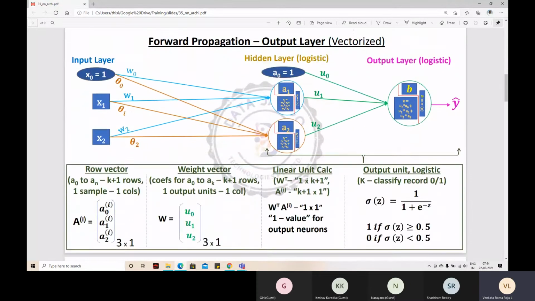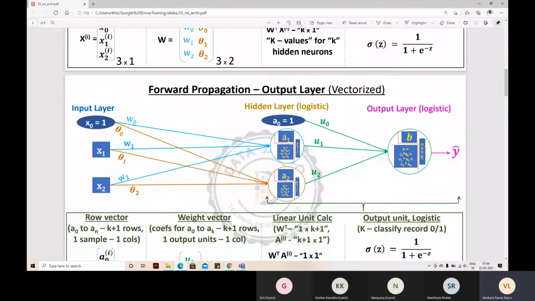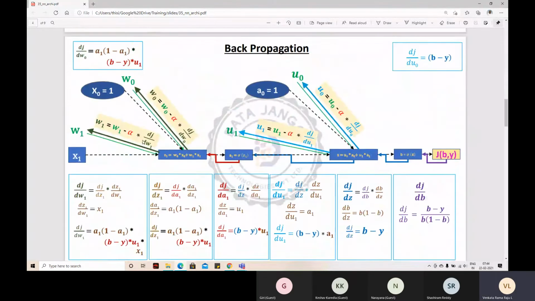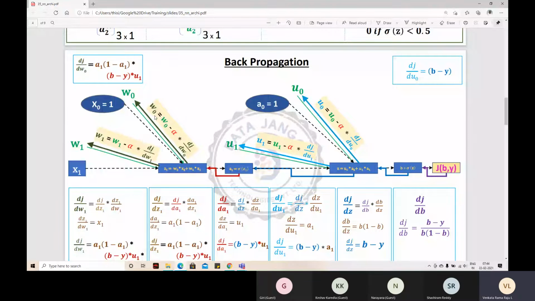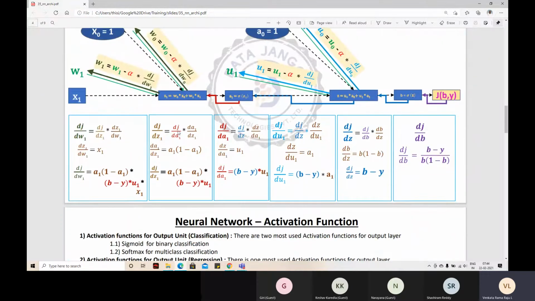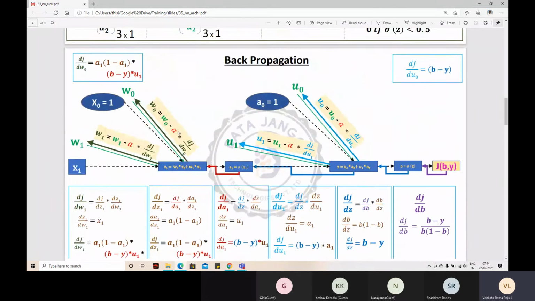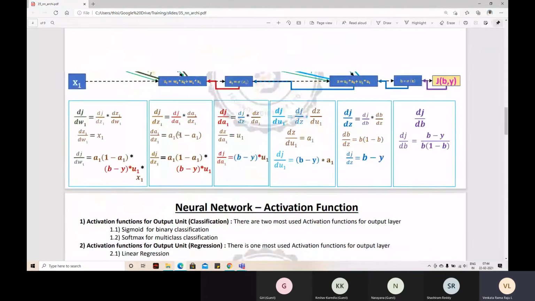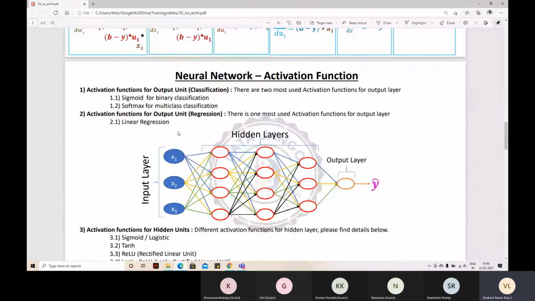We have seen that same calculation in the second part also, and we have seen the back propagation, how exactly it is happening. It's going to calculate this first and then this, because some parts of the gradient descent calculation are used in the previous layers. So that is a neural network at a high level.